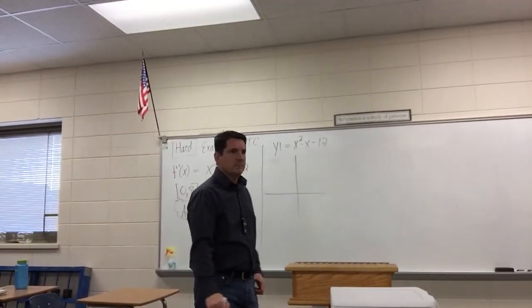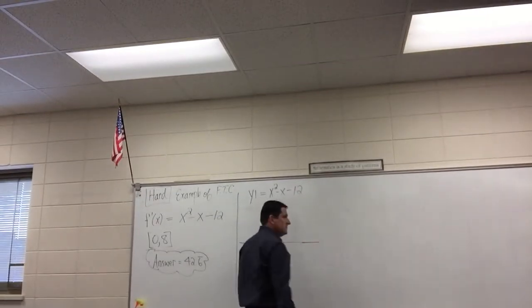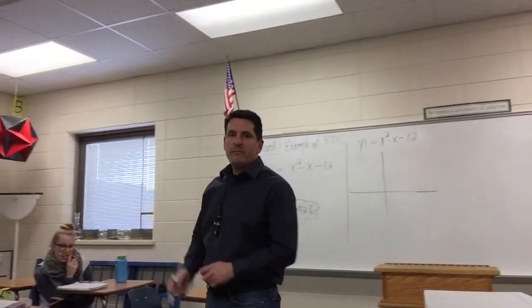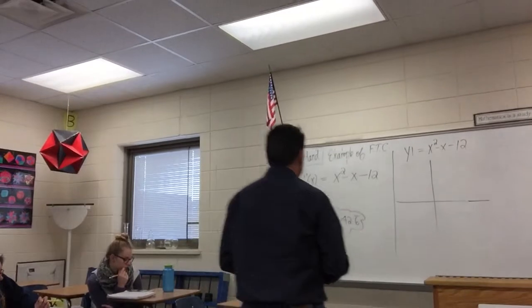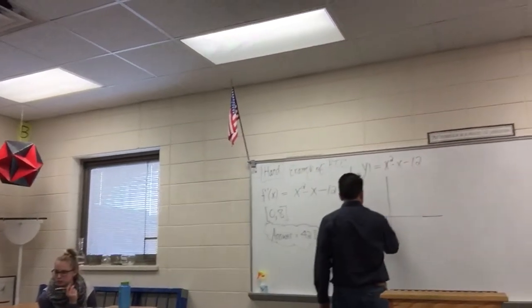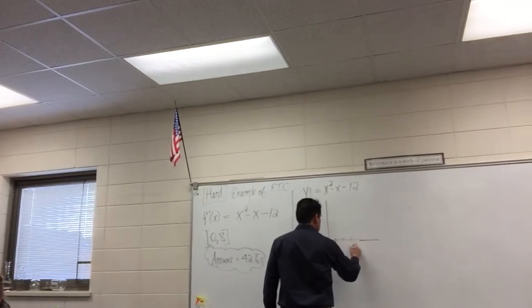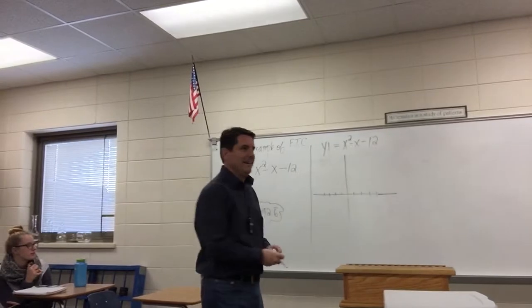It's a parabola. What else? What are the zeros of the parabola? Negative 4 and positive 4. I'm sorry, it's negative 3 and 4.